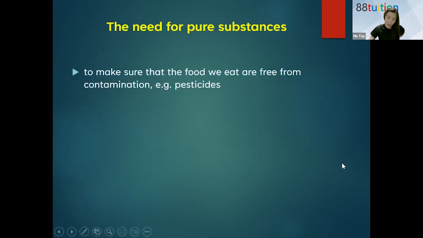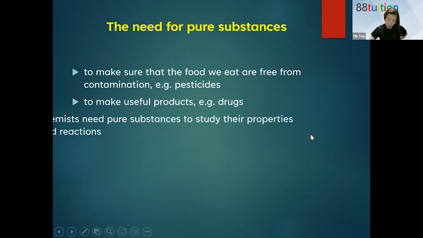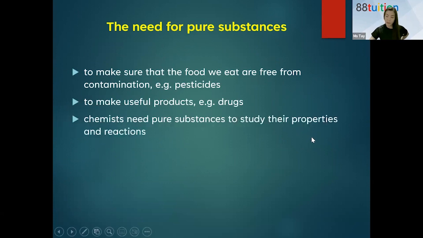So why the need for pure substances? Whatever we are eating into our body, we don't want contamination, pesticides. This will be further elaborated when we do chromatography. Then, to make useful products like drugs, chemists also need pure substances to study properties and reactions.